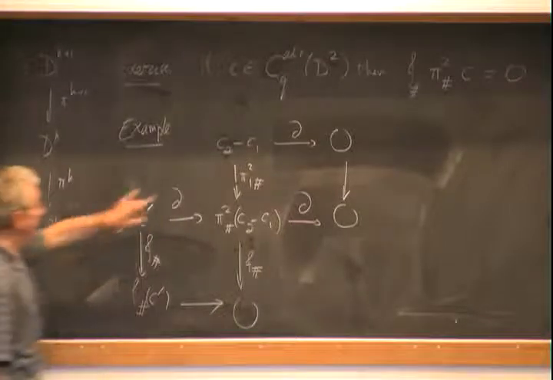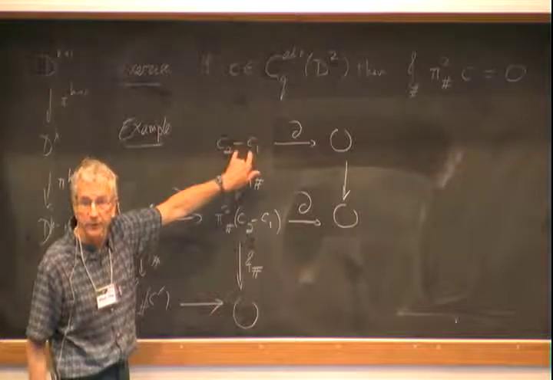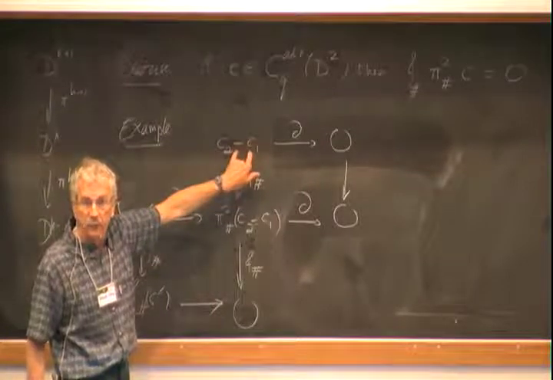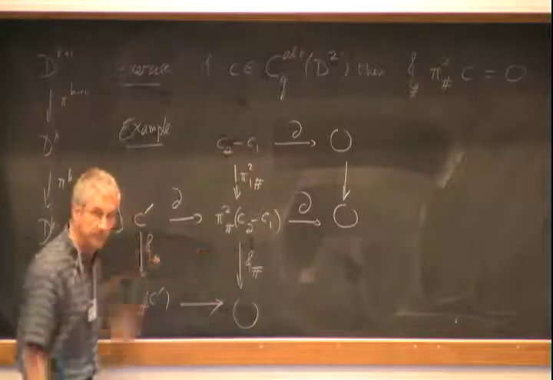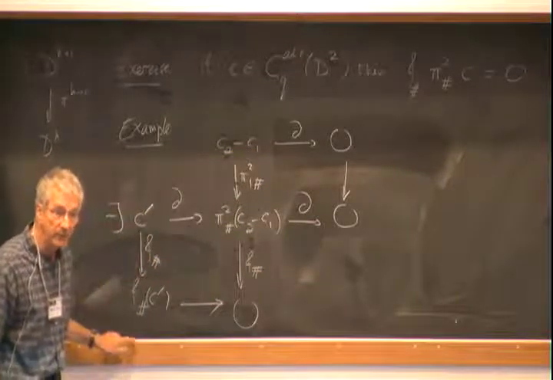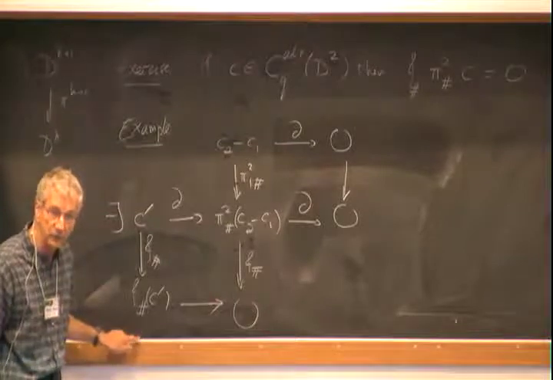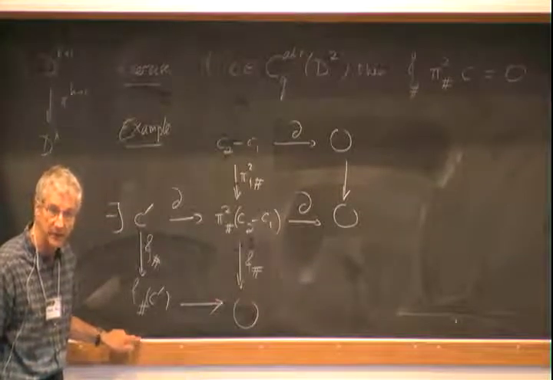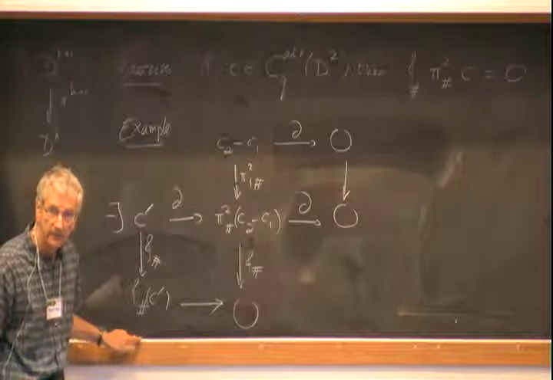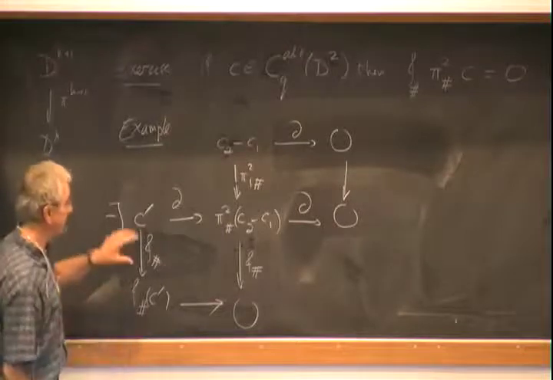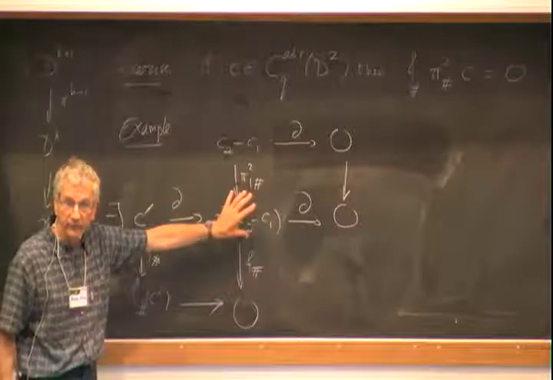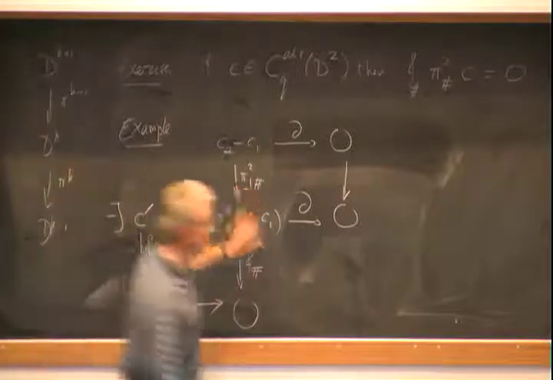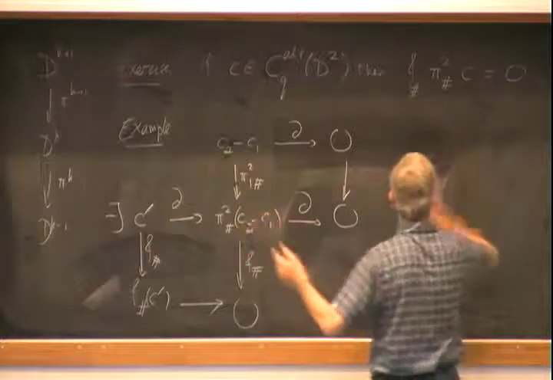So what's happened is we've started off with an alternating one chain on D2, and we've pushed it down and pulled it back and pushed it down, and we find a homology class. We get a two-dimensional homology class in the image. We've used the fact that the first homology of R2 is 0. That's an assumption that we've used. So, well, of course, it's a true assumption.